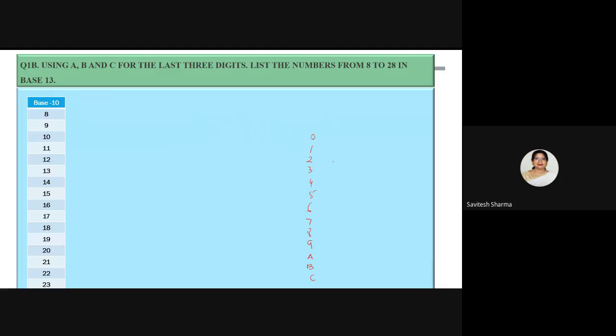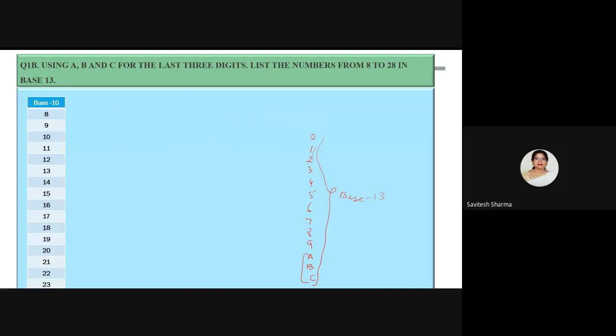So you see that 0 to C are used as symbols. So this is your base 13, and a total of 13 symbols are there. In these symbols you are using 0 to 9 numerics and then ABC. That's why it is saying use ABC for the last 3 digits. These are the 3 alphabets it is using as symbols.